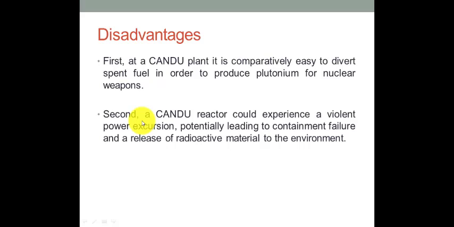First, it is comparatively easy to divert spent fuel from a CANDU plant in order to produce plutonium for nuclear weapons. Second, a CANDU reactor could experience a violent power excursion, potentially leading to containment failure and a release of radioactive material to the environment.